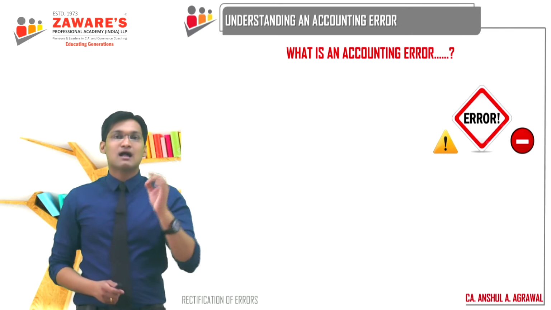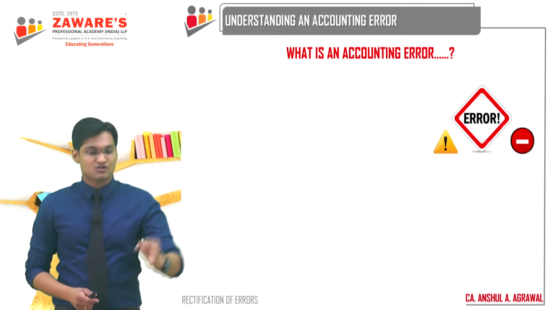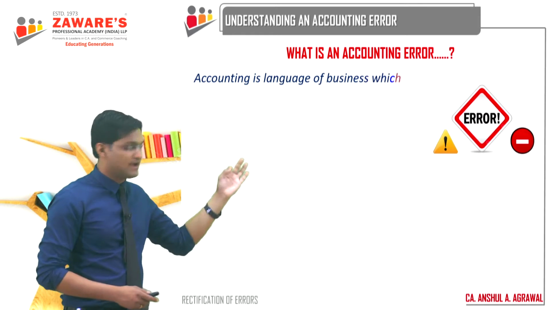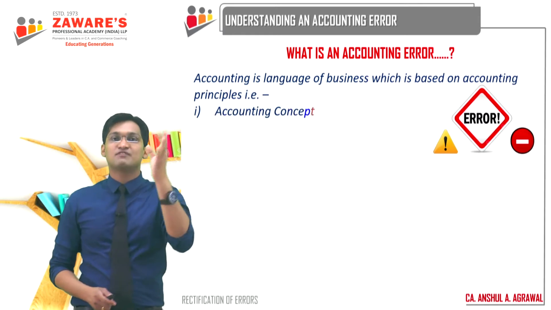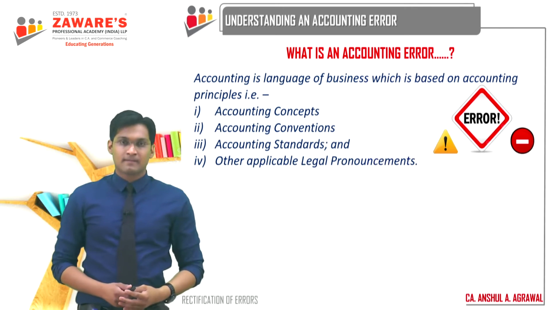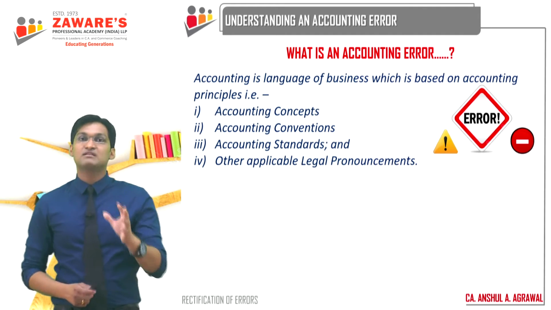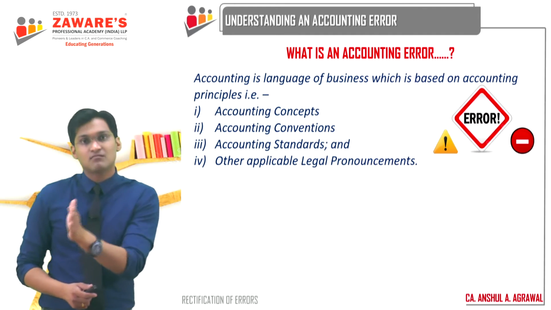Now, accounting error means any accounting entry passed or a transaction recorded which is in contravention or against the accounting principles. We all know that accounting entries are based on accounting principles that we have already dealt with in chapter number 1 and 2.